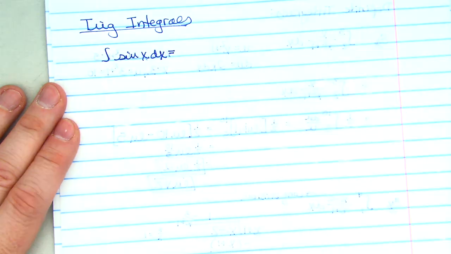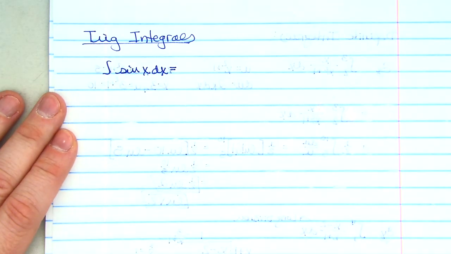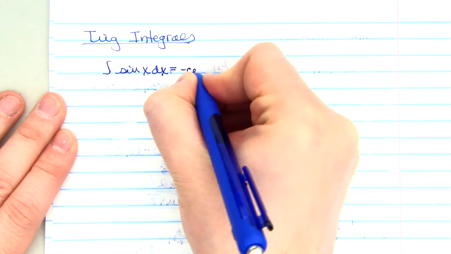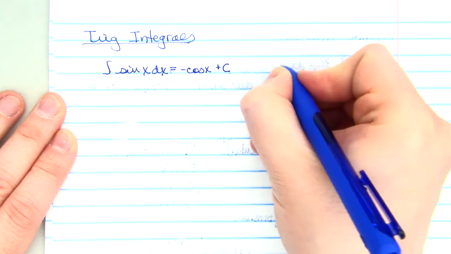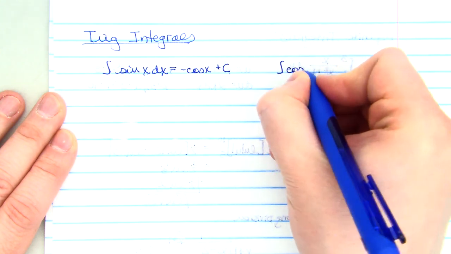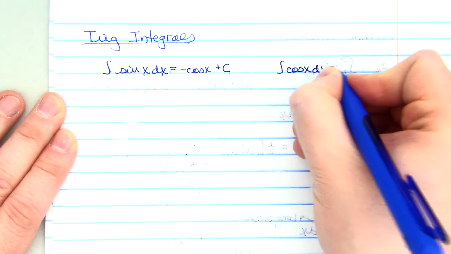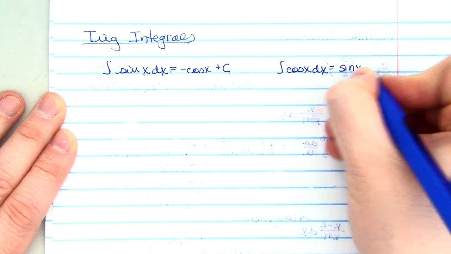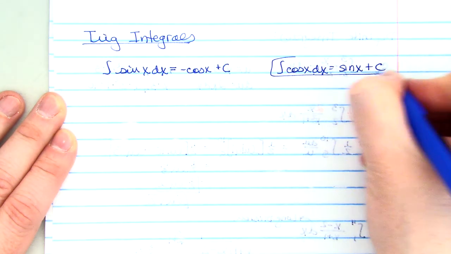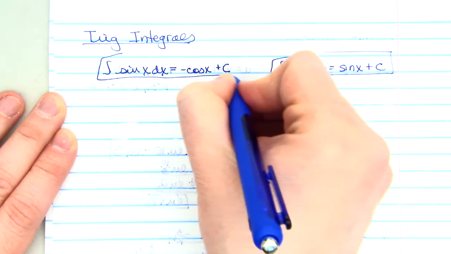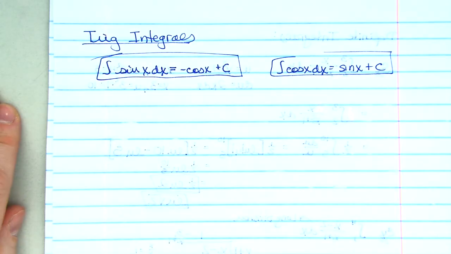This is not a trick question. Negative cosine x plus c. And what's the integral of the cosine of x dx? Again, not a trick question. Sine x plus c. I'm really just including these here to make our list complete.